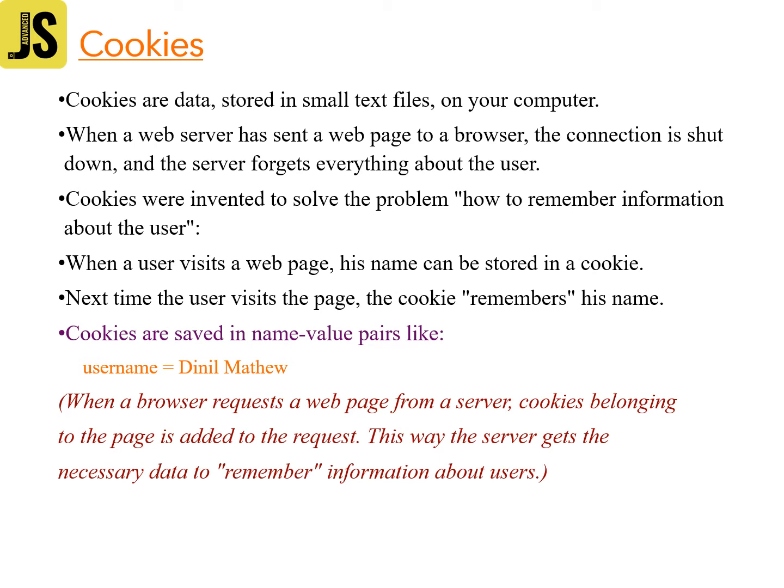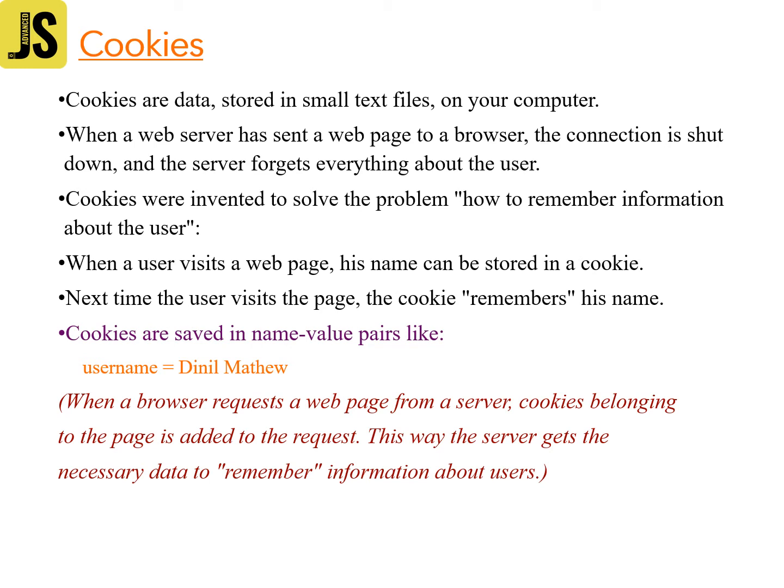So cookies are data stored in small text files on your computer. When a web server has sent a web page to a browser, the connection is shut down and the server forgets everything about the user.